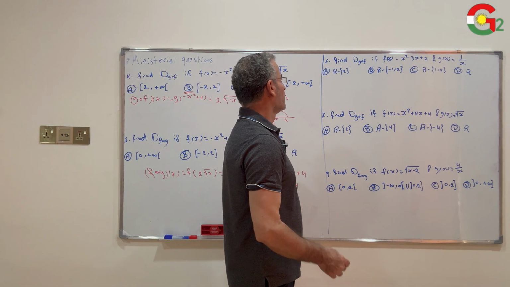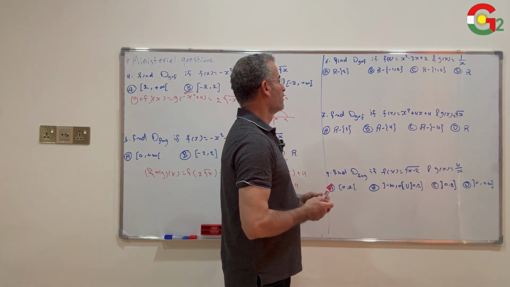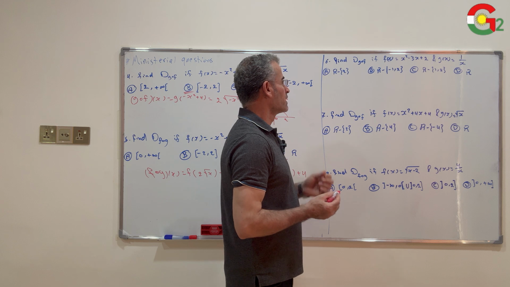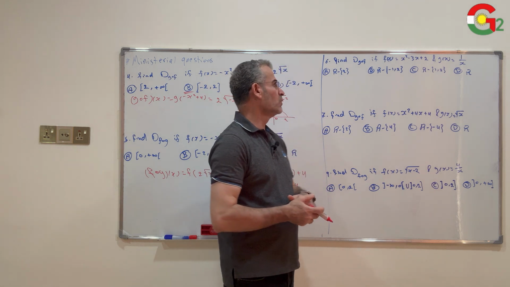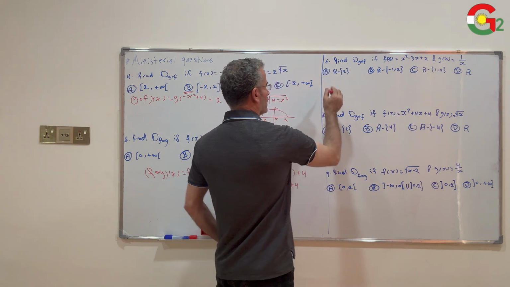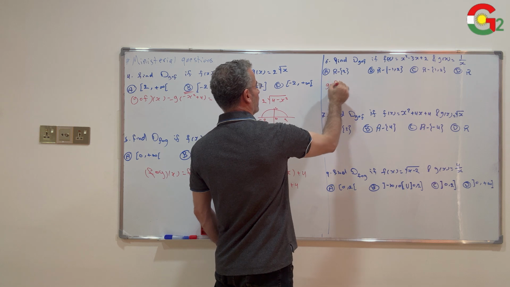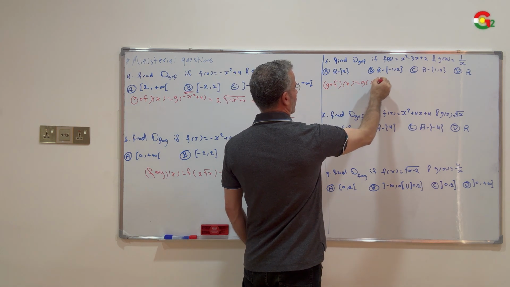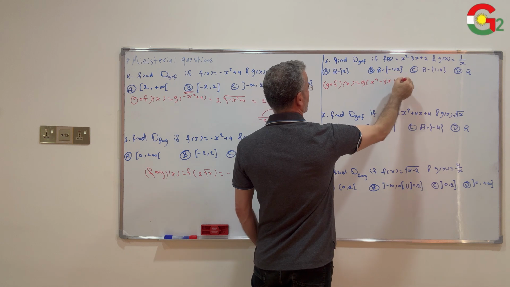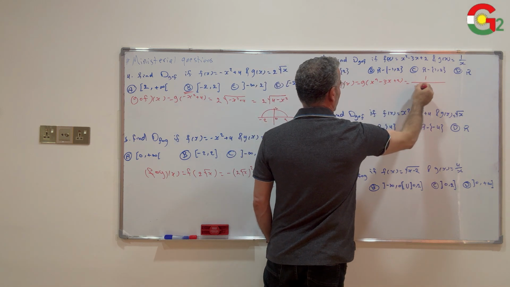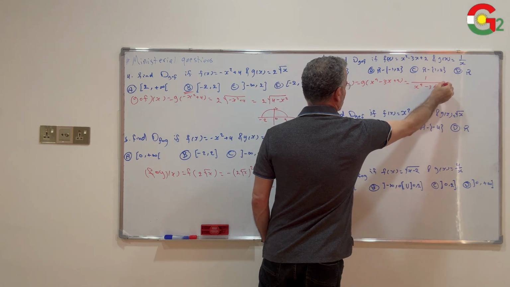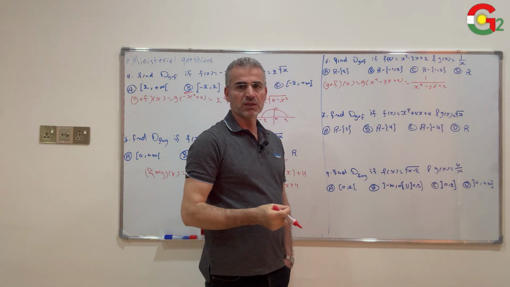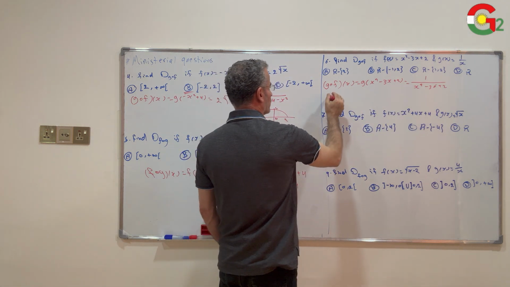Number 6. Find the domain of g∘f, if f(x) = x² - 3x + 2 and g(x) = 1/x. g(f(x)) = g(x² - 3x + 2) = 1/(x² - 3x + 2). Since it is a fraction function, the denominator should not be 0.